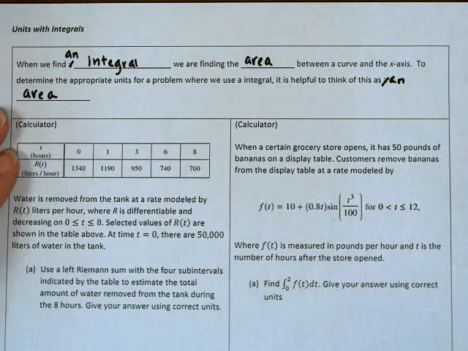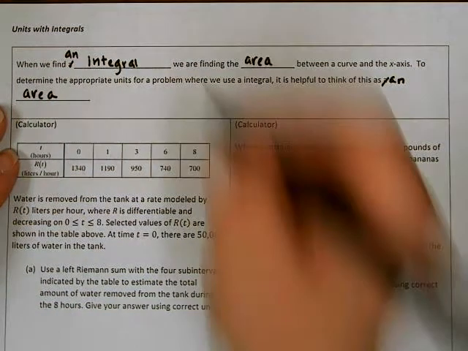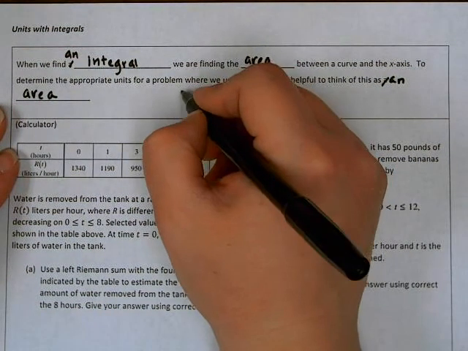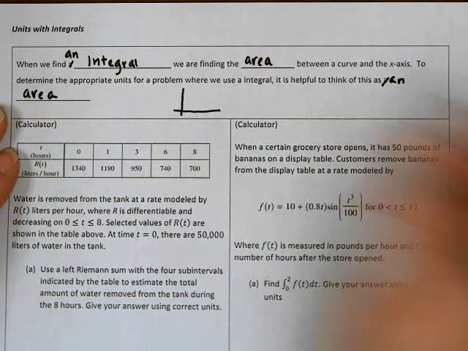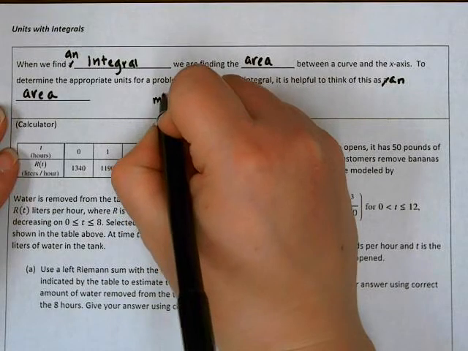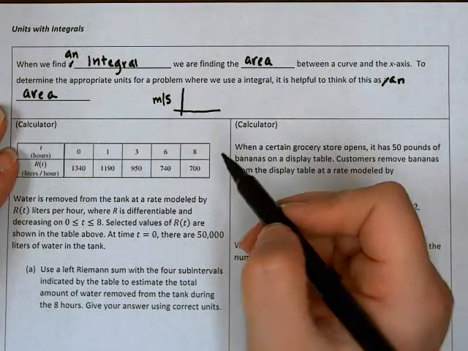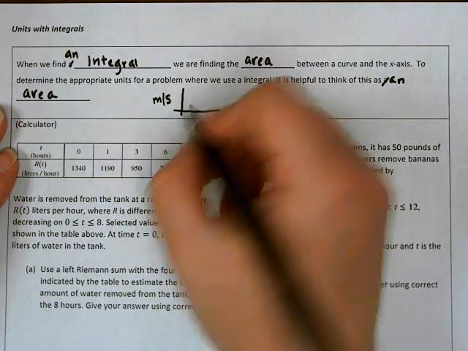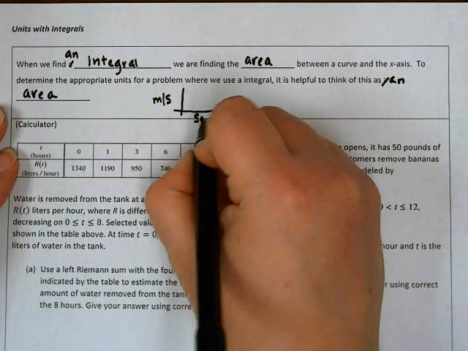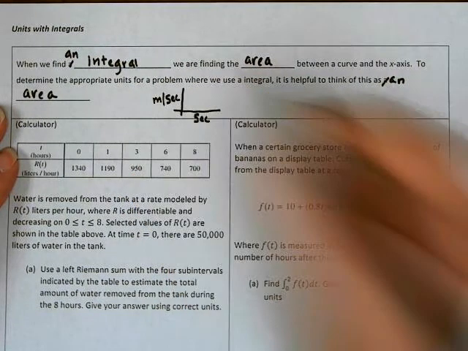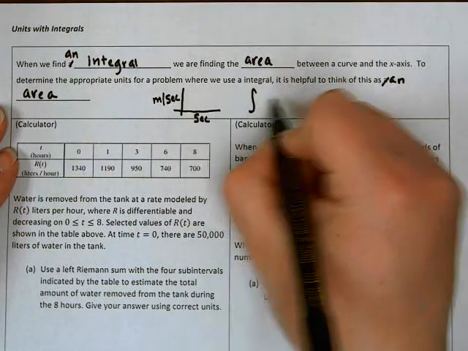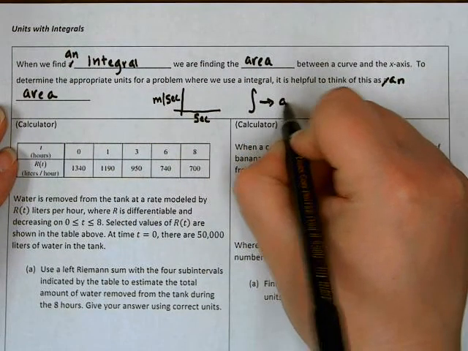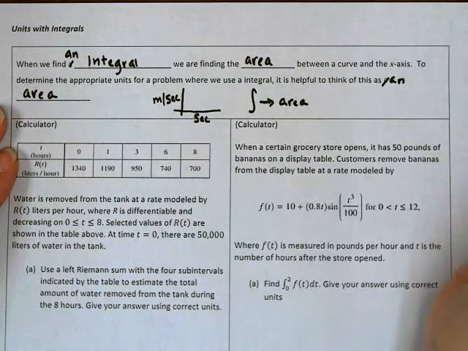So I want you guys to think even just of a velocity graph. So if we have the velocity, let's say we're measuring this in meters per second, and then time would be in seconds. So if we think about an integral, it means that we're going to be finding the area that's trapped between the curve and the x-axis.